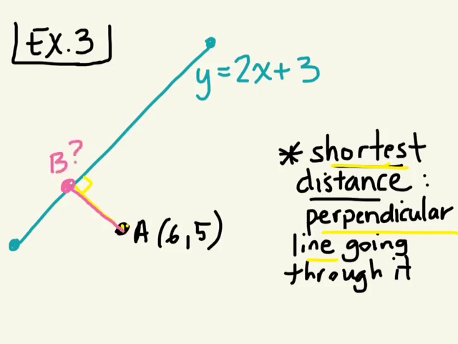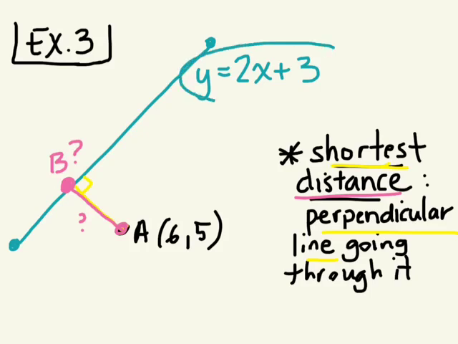I need to know a point that is perpendicular to the blue line, because eventually we need to find the distance from A to B. Right now, because we only know point A, we have to figure out point B somehow. Once I know point B, I can calculate the length of the line.